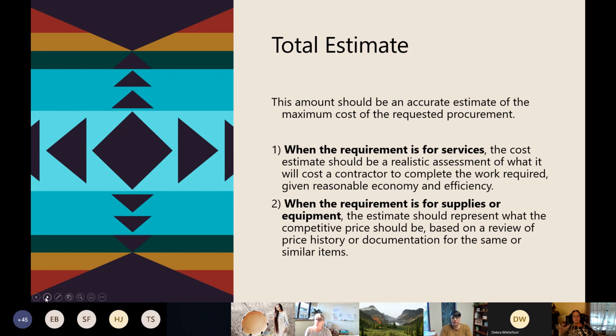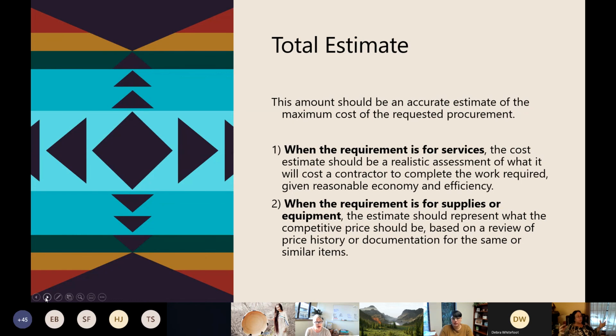Your total estimate amount should be an accurate estimate of the maximum cost of the requested procurement. When the requirement is for services, that cost estimate should be realistic, hopefully, of what it's going to cost to get a contractor to complete that work, given reasonable economy and efficiency.